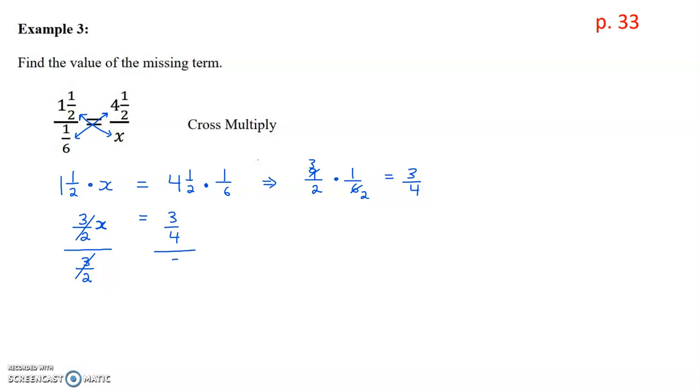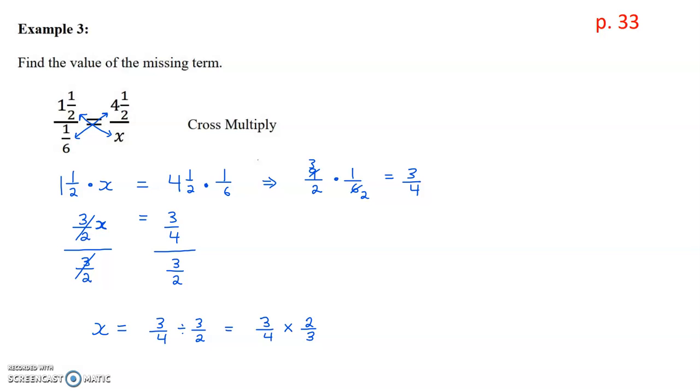And then I have to do the same thing on the other side of my equal sign. So x is going to be equal to 3/4 divided by 3/2, which we know needs to change to multiplication, and we need to flip to the reciprocal.